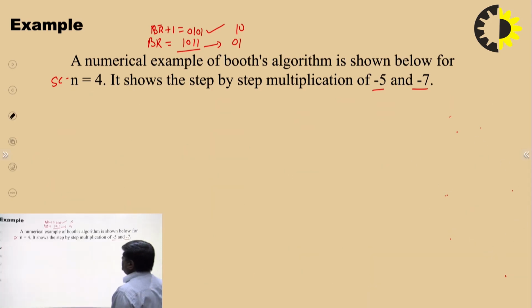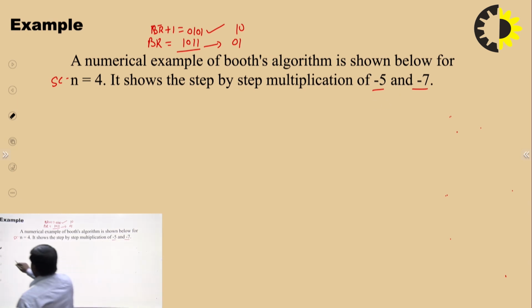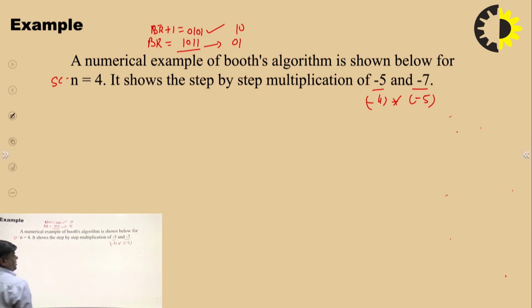We take another example, that is minus 4 multiply minus 5. Okay. Now that is very simple. First we convert these numbers using 2's complement in binary form, and one is in QR, one is in BR, and we follow the algorithm.